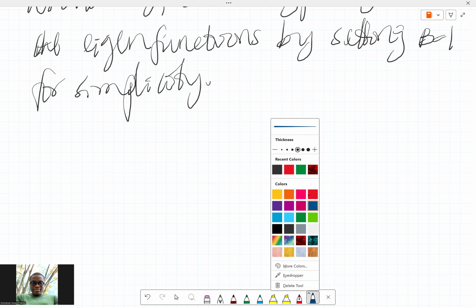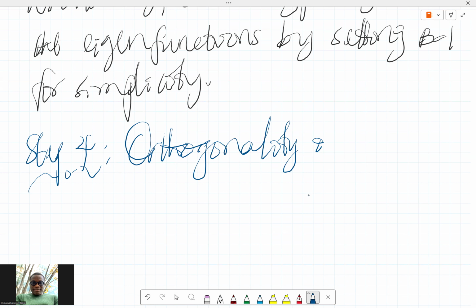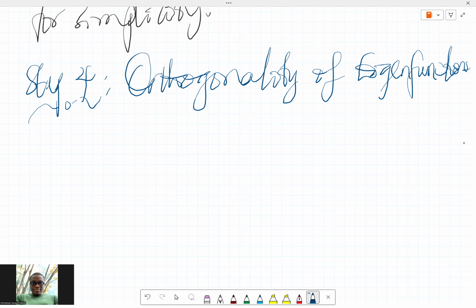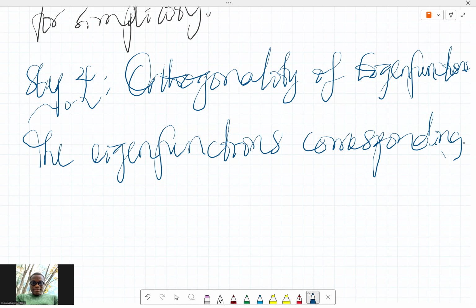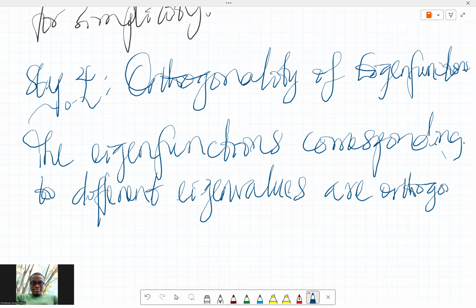Okay. So that leads us to the idea of orthogonality of eigenfunctions. That's step 4 now. Step 4, orthogonality of eigenfunctions. So the eigenfunctions corresponding to different eigenvalues are actually orthogonal.